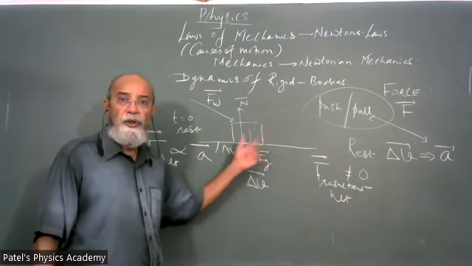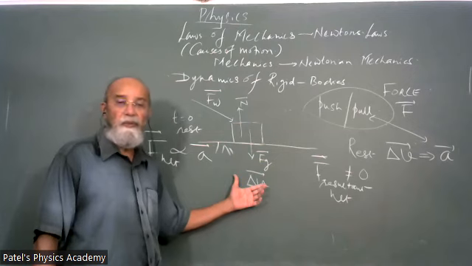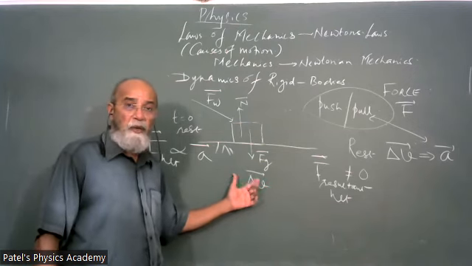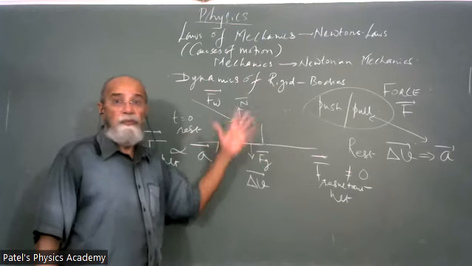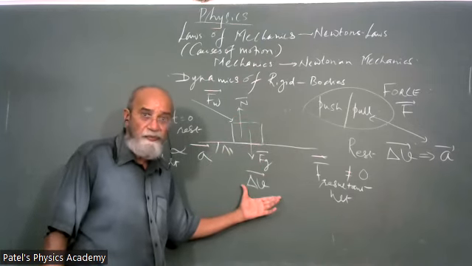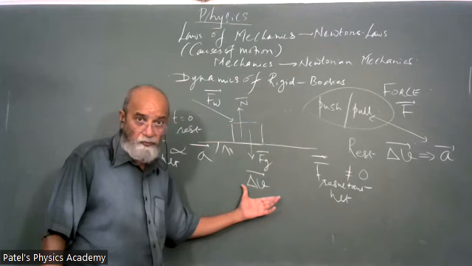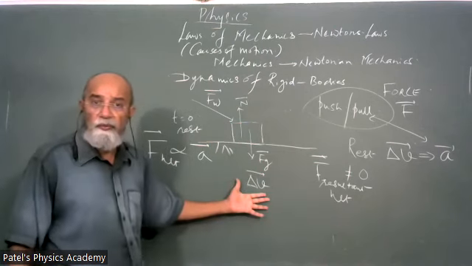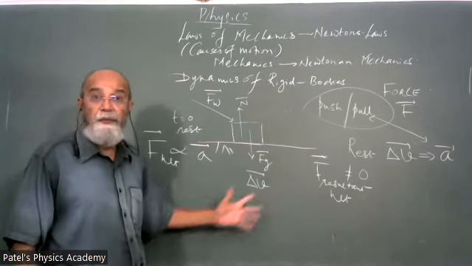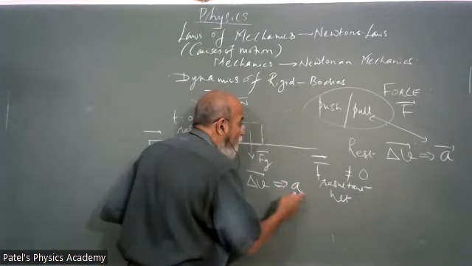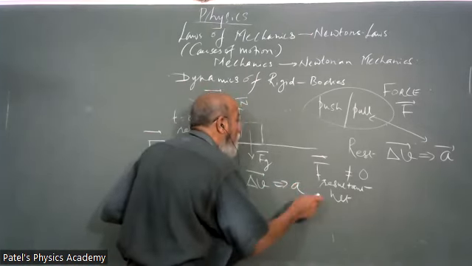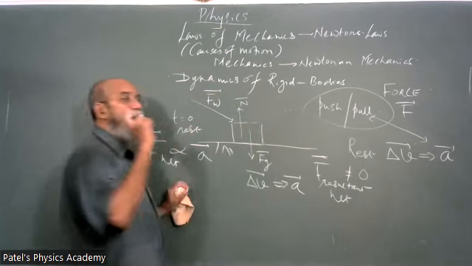It was 0 initially, it's got some speed in meters per second. Maybe suddenly I noticed it started turning around, direction was changing because of this. That means it implies, don't say equal to, it implies that there is an acceleration.